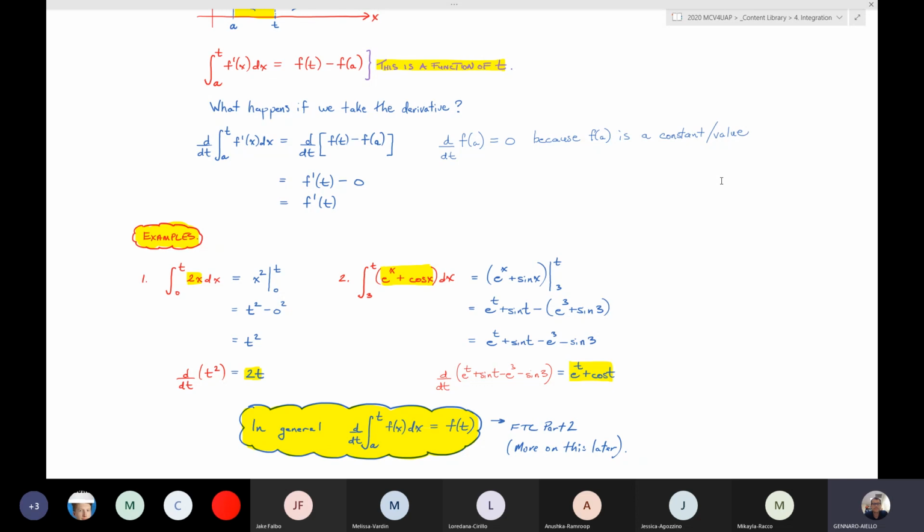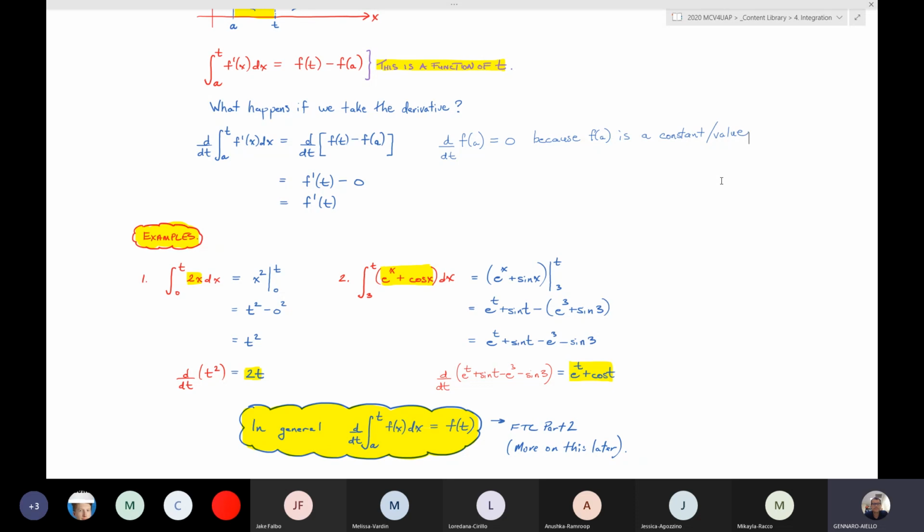When I sub in t, I get t squared. When I sub in 0, I get 0 squared. T squared minus 0 squared is t squared. Now take the derivative of t squared, and I get 2t. Notice the answer is the exact same expression as the integrand, but evaluated at the upper limit t. So it's the integrand 2x with the x replaced by our variable upper limit, which is t.